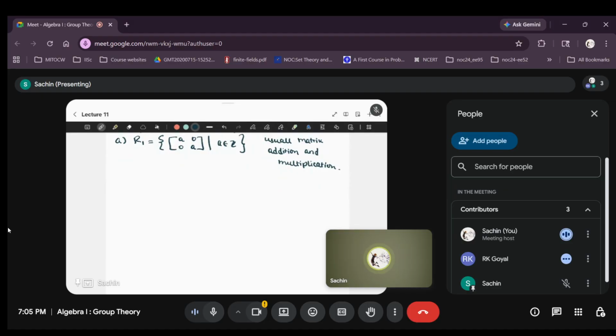But we don't need, yeah, addition. You already said it's an abelian group, right? Yeah.